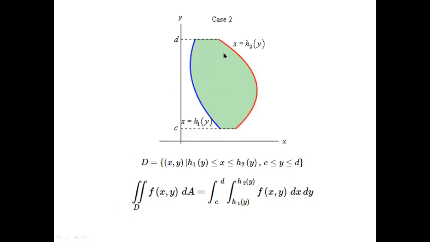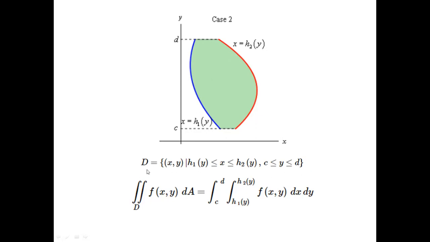This time you want to know this area, and it's bounded on the farthest side by this curve x equal to h sub 2 of y, and this blue curve which is h sub 1 of y. On the vertical axis, on the y-axis, it's bounded by the points C to D. So you could see here the D now defined.